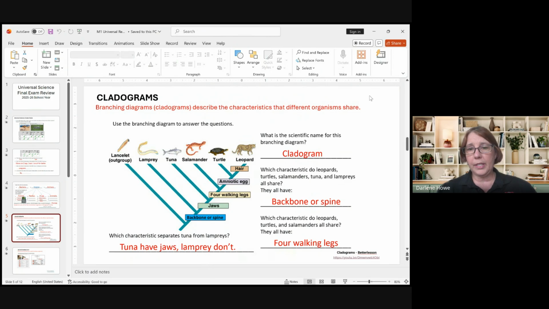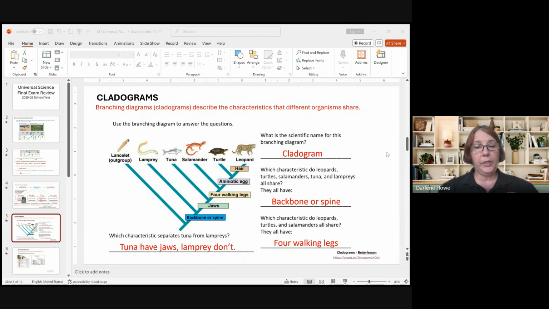Okay, so it says here, what is the scientific name for this branching diagram? Okay, it's a cladogram. It's got it in the title. So don't get this mixed up with a dichotomous key. A dichotomous key is a different diagram altogether.